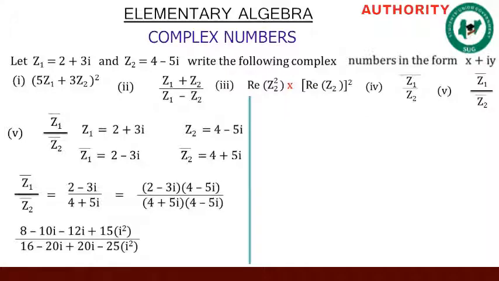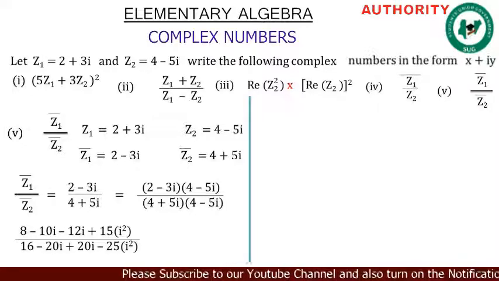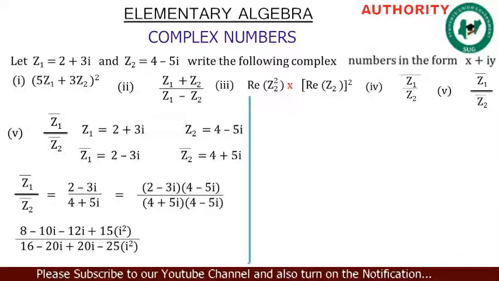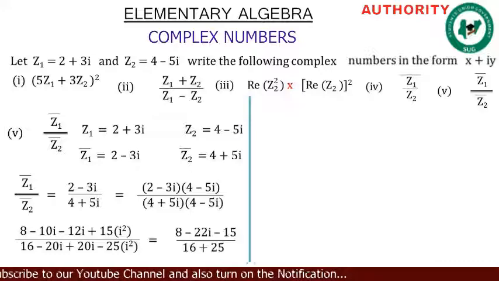In our denominator, we're going to have 16 minus 20i plus 20i minus 25i squared. In our numerator we have minus 10i minus 12i, which gives us minus 22i. Now 15i squared, i squared is the same as minus 1, so minus 1 times 15 is going to give us minus 15.